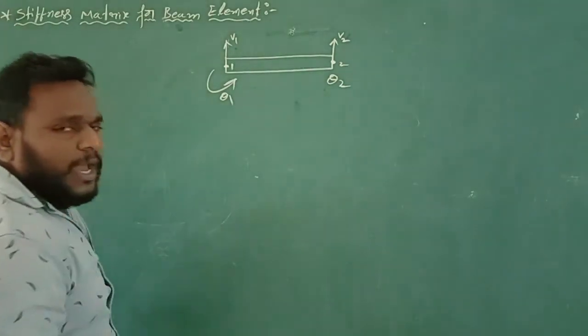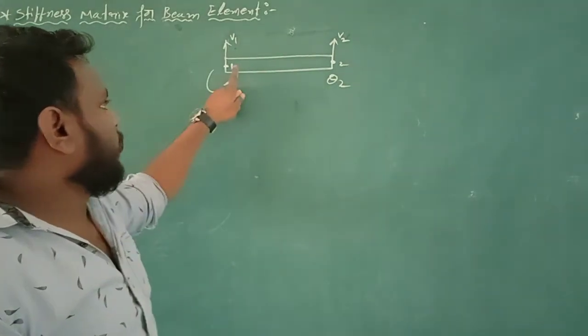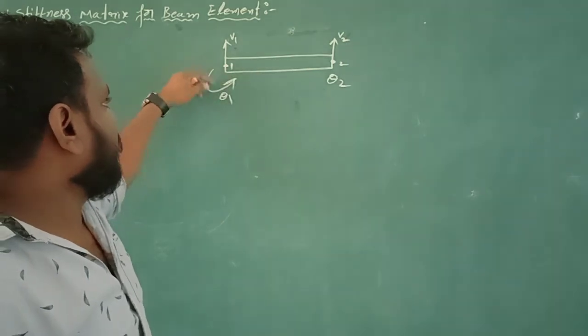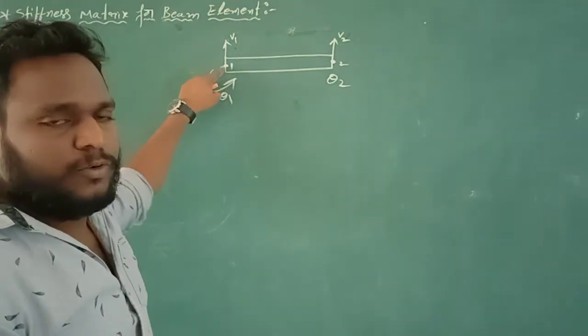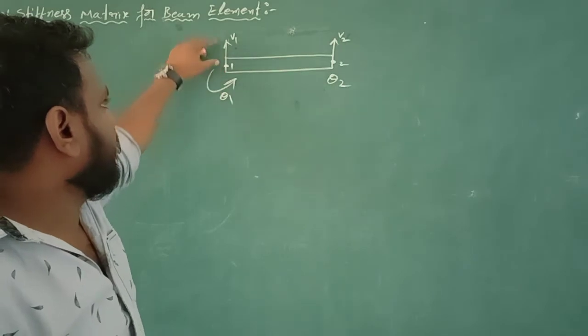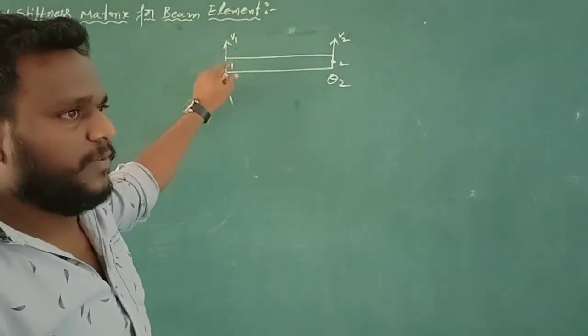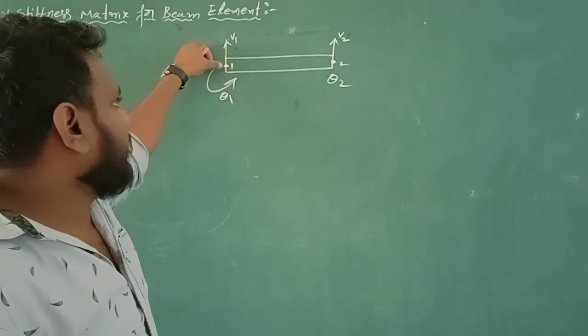So each node has 2 degrees of freedom. Each node has two deflections: one linear deflection and another angular deflection. That's why we are studying this.